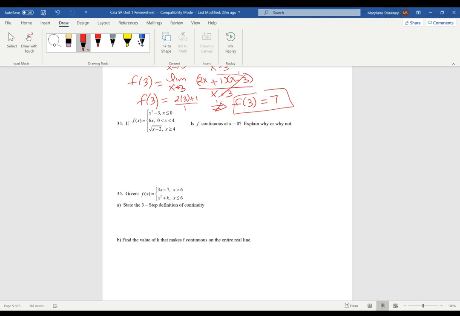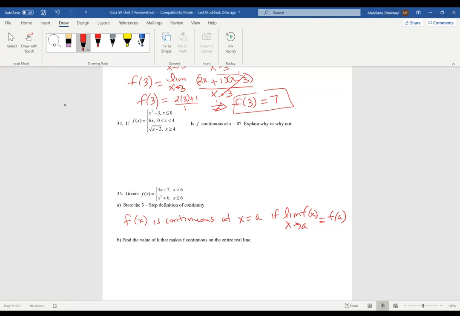Now for the 3-step definition, one way you can just say it in one sentence is you could say f of x is continuous at x equals a if the limit of f of x as x approaches a equals f of a. Sometimes people say x equals c. It doesn't matter. You could use k, you could use whatever letter, but I'm using a there.